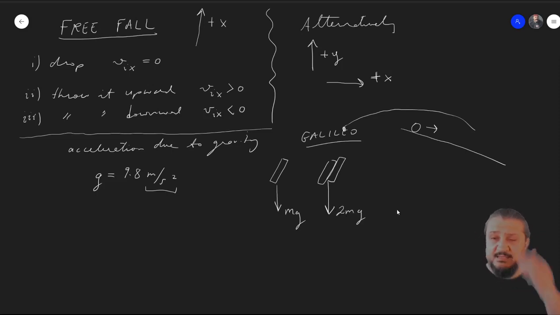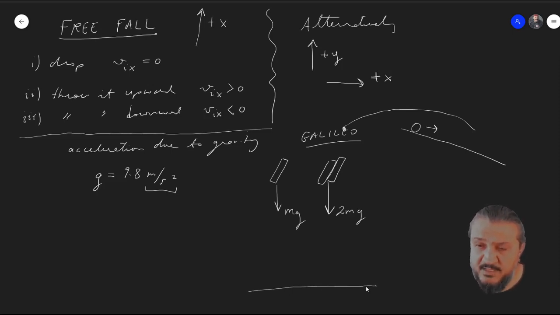So the net forces on these are mg and 2 mg's. Alright, so if they reach the bottom at the same time, they must have the same acceleration regardless of their weight.